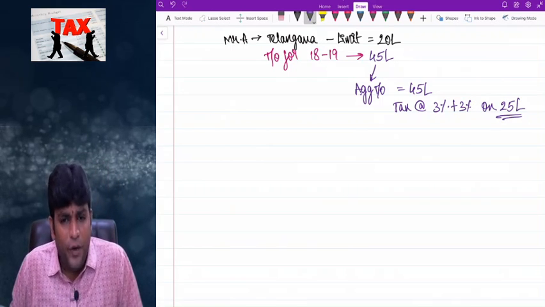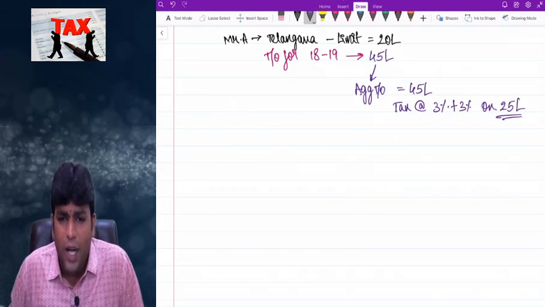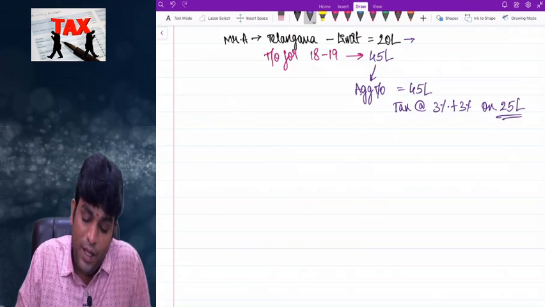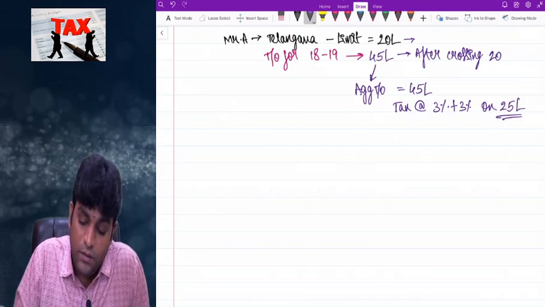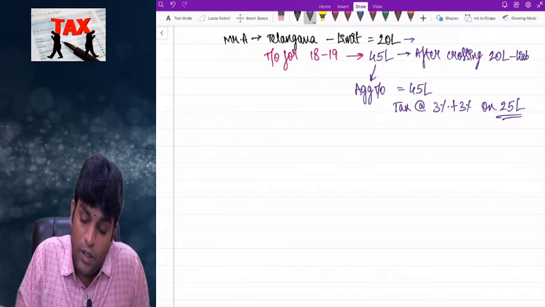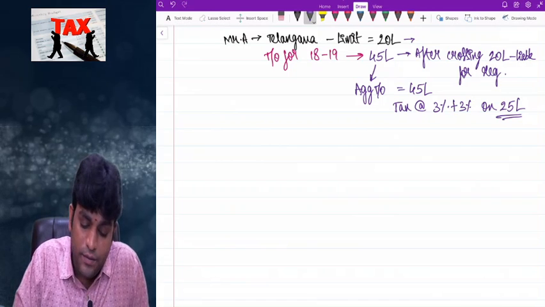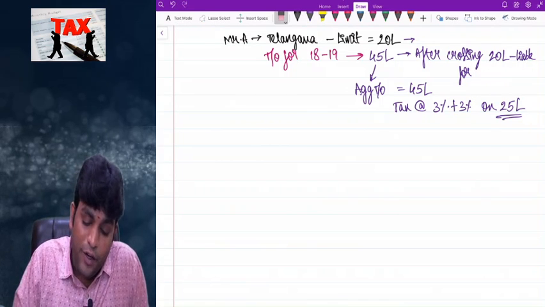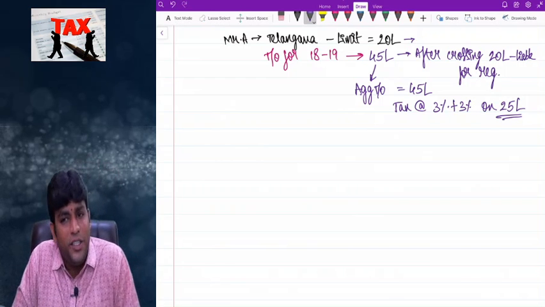That means the first 20 lakhs, where you are not registered, obviously, after crossing 20 only, liable for registration. Now for the first 20 lakhs, very clearly, you were not a registered person.